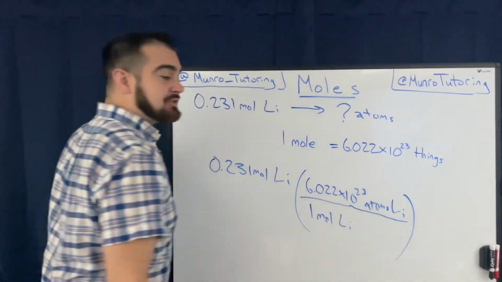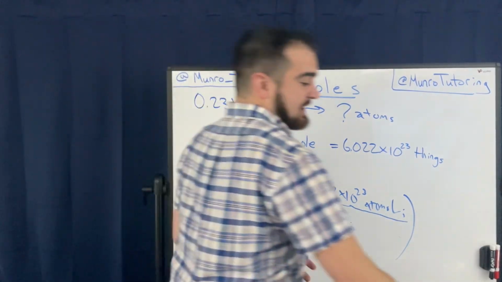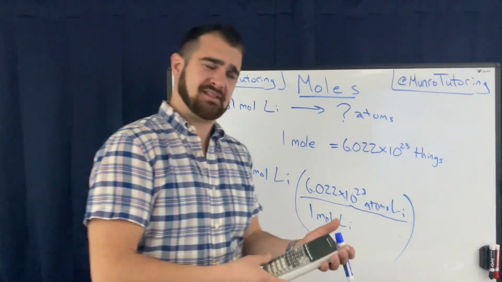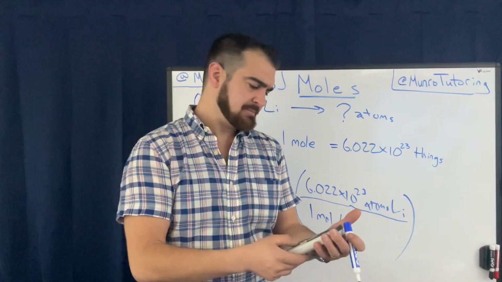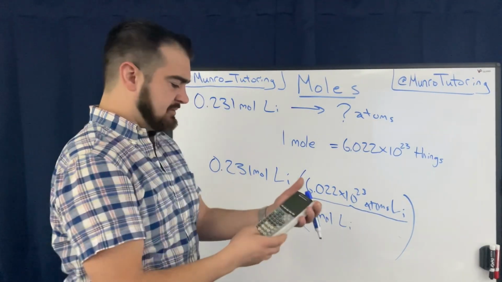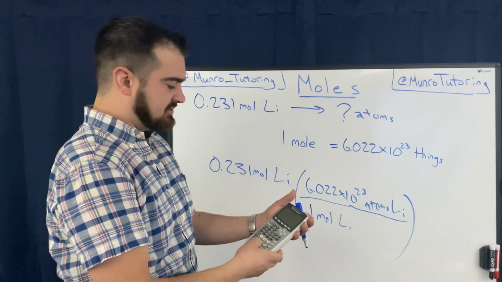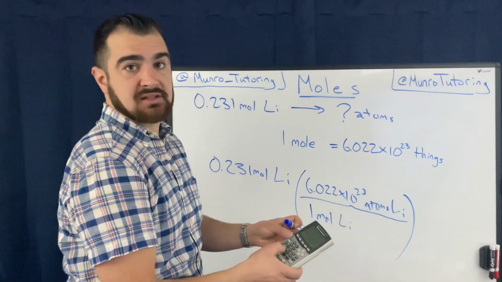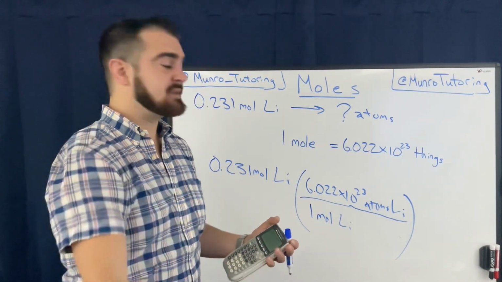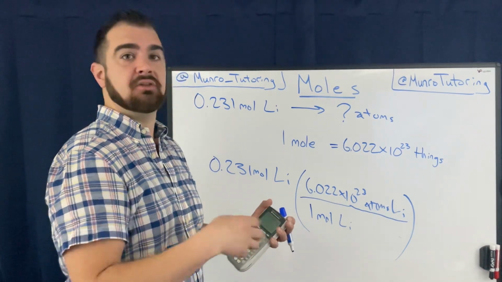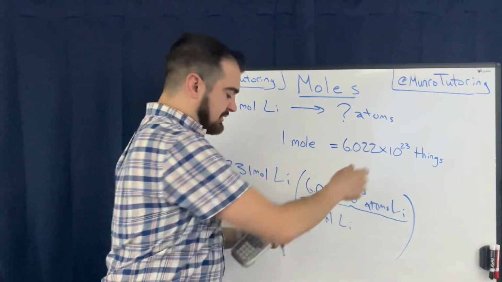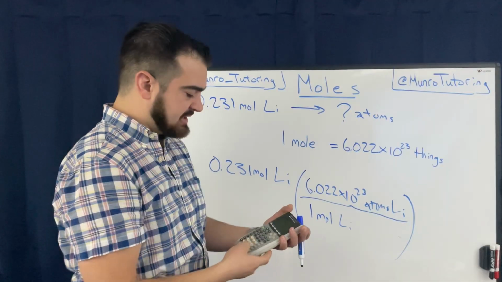All right, so now we just punch that into our calculator. And I also reviewed this, I think, in that same video on unit conversions. So we're just going to punch this in, 0.231 times 6.022, and then that double capital E means times 10 to the. So I'm typing in 6.022, the capital E, 23. So this is power on the 10.